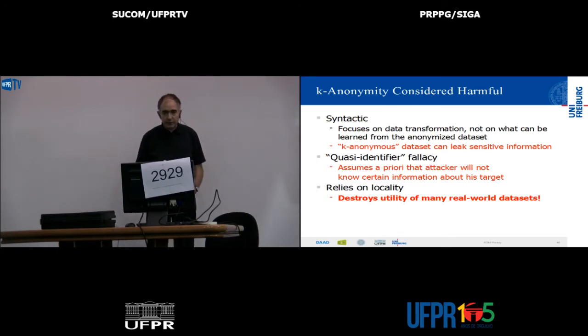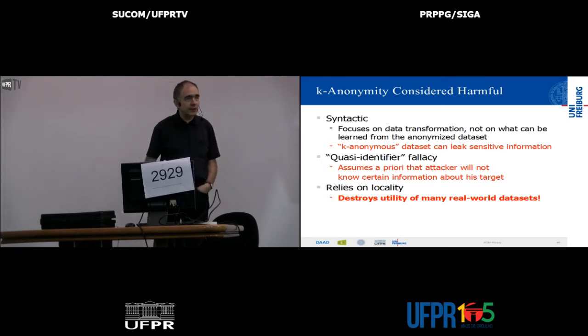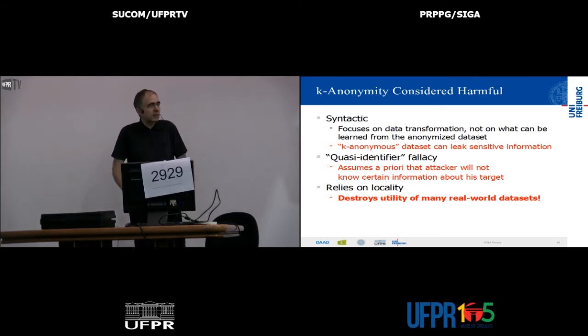So k-anonymity can be quite harmful. The data set can leak sensitive information, and we believe that the attacker is nice, not using additional information, which is a fault.